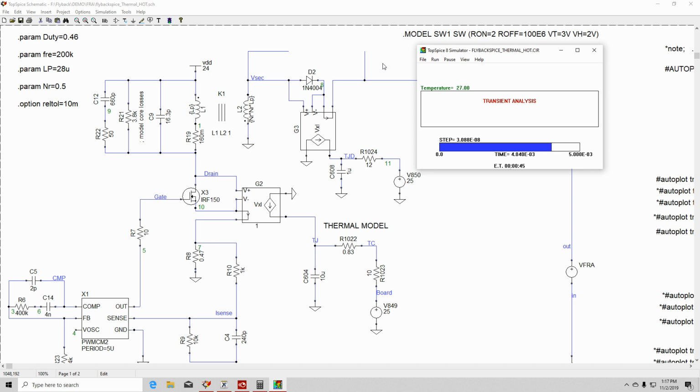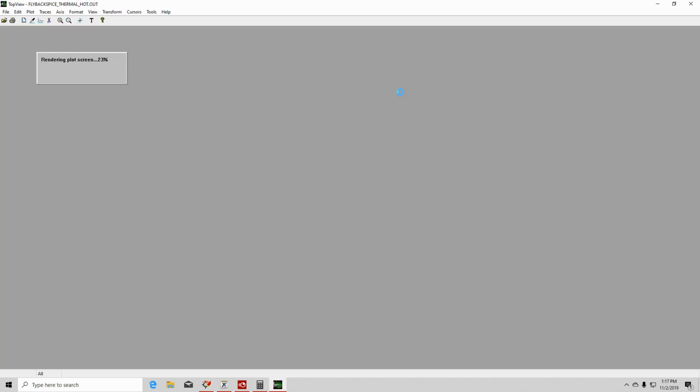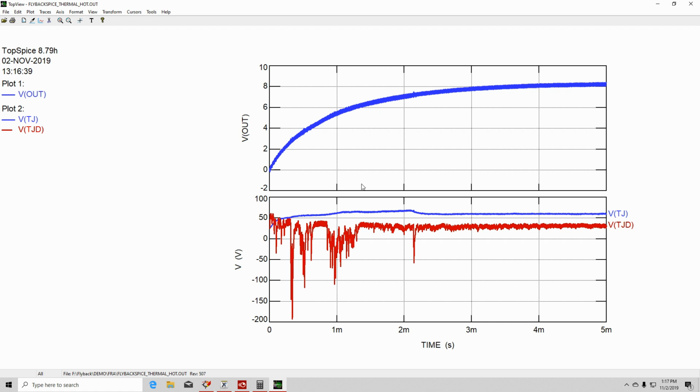Almost there. Okay, here we go. So if you notice the voltage, look at that. I can tell you that this is not going to go up; I can let it run a little bit longer, but it's already going to its asymptote. And then if you notice, look at the temperature, which is the blue.